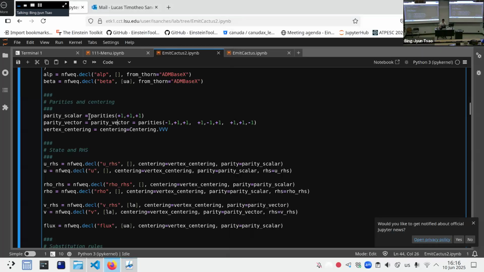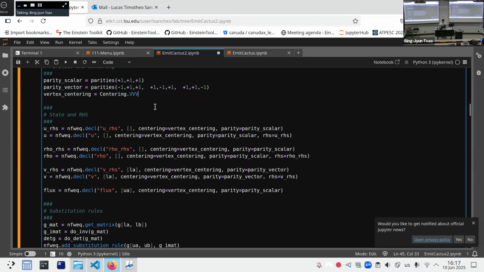So I am using the parities notation, the standard CarpetX like parity notation to define the scalar parity and the vector parity for our evolved quantities. And like Max said, this isn't explicitly needed, but I am defining the centering for good measure anyway, right?